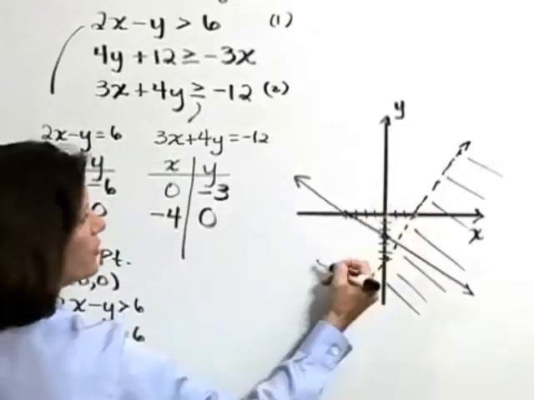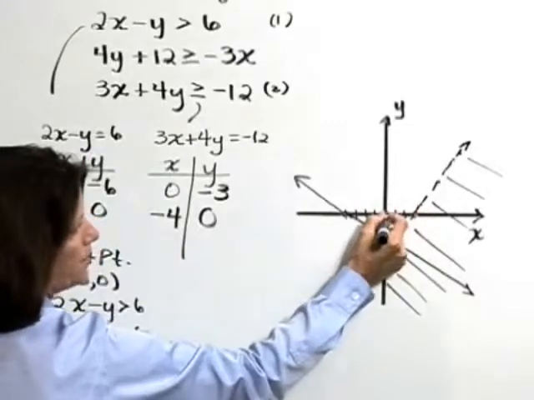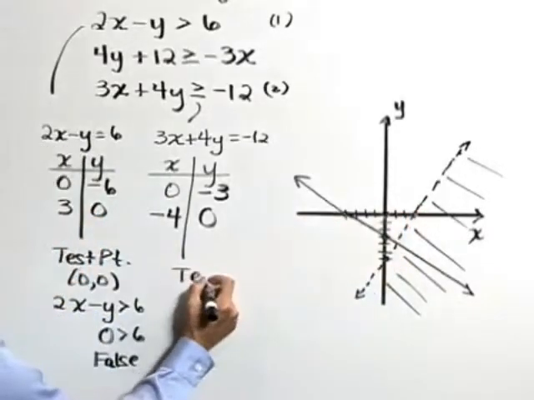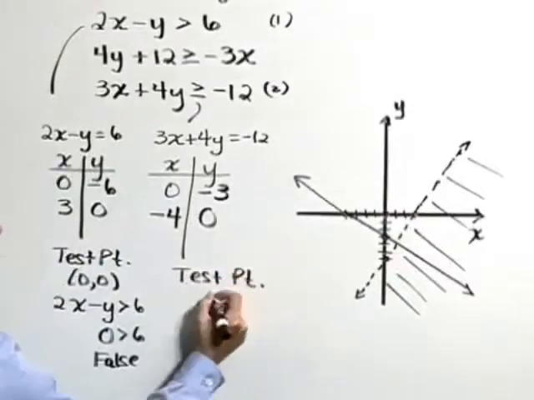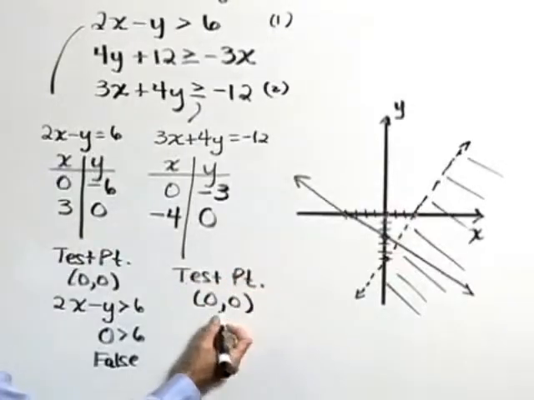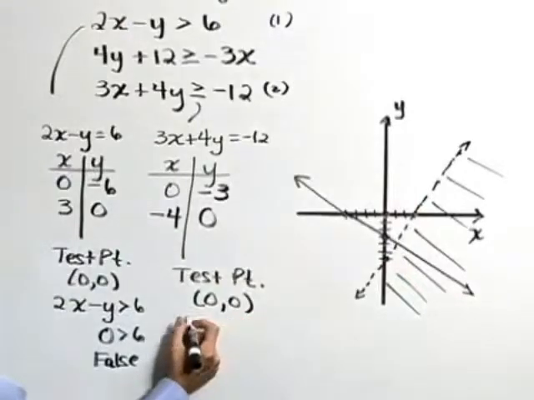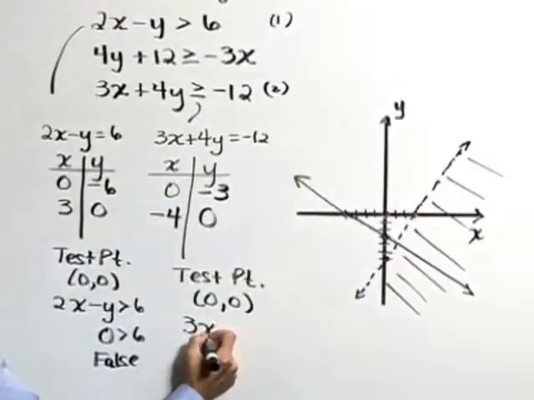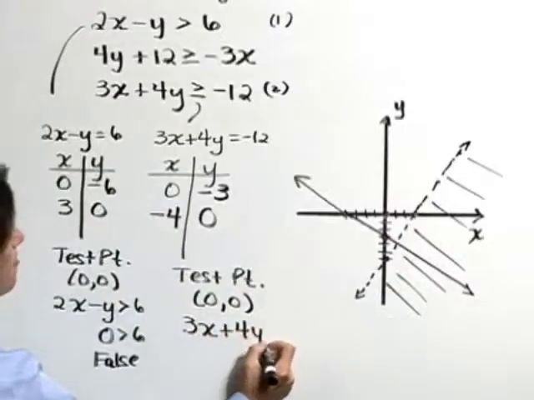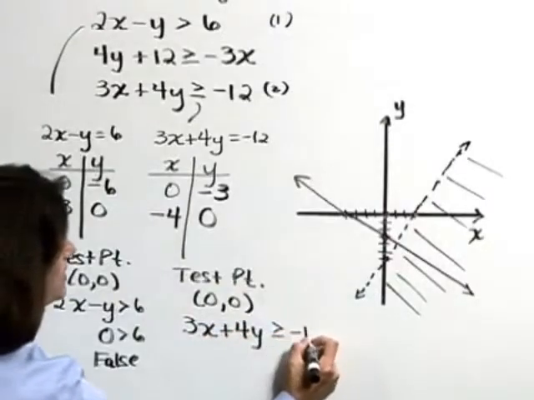Now let's determine which side of that line to shade. Using the origin as a test point, and substituting 0 for x and 0 for y into our inequality statement, 3x plus 4y is greater than or equal to negative 12.